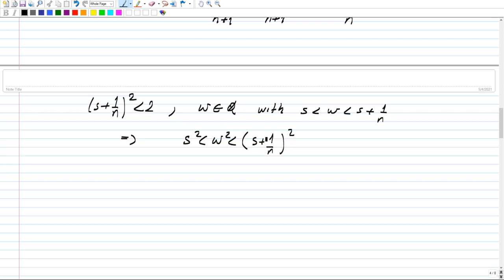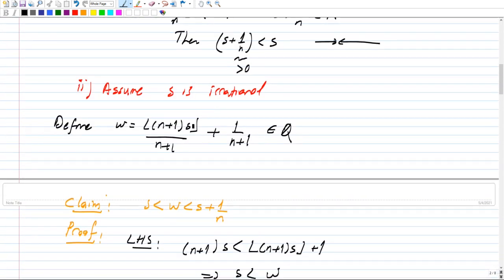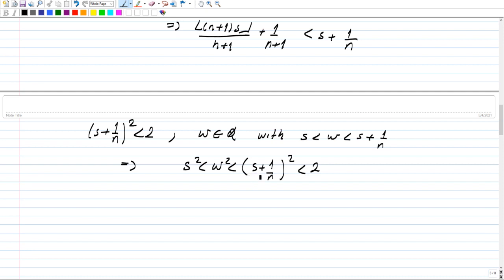Then using this inequality, we get w square less than 2. Now, since w is rational and its square is less than 2, and by the way, w is bigger than 0, which is very obvious here, we get a contradiction because there is a rational number in the set which is bigger than S.